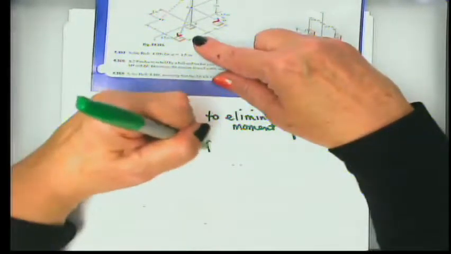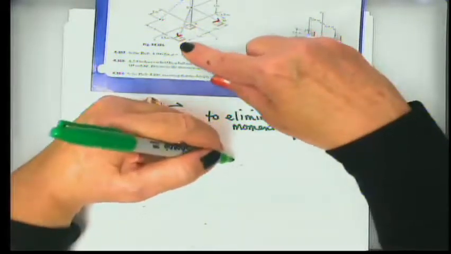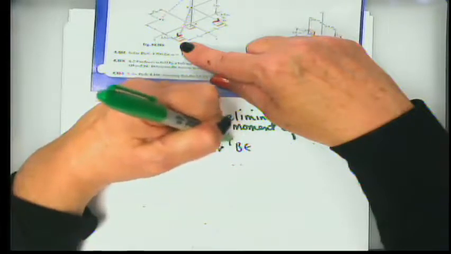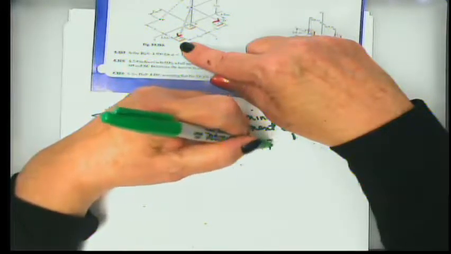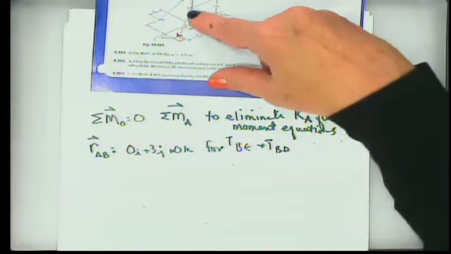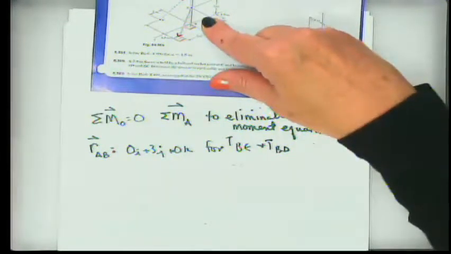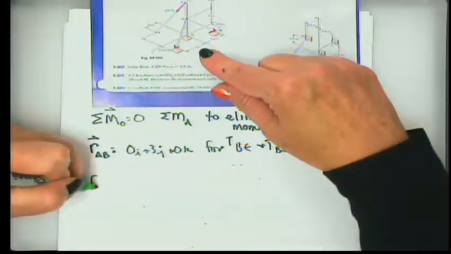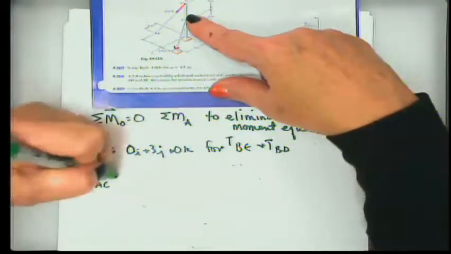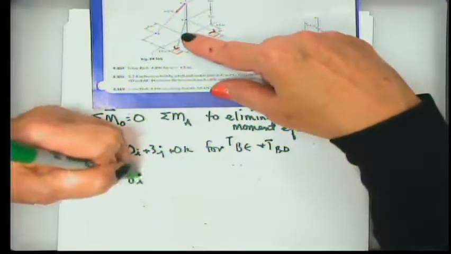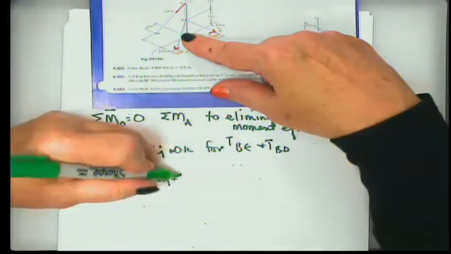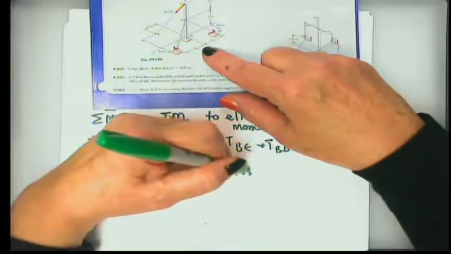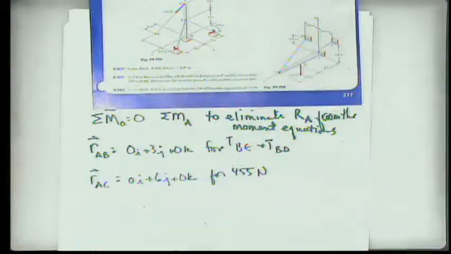That's the moment arm we can use for BE and BD, because B goes through the line of action of both of those forces. And then similarly, R from A to C, which is just 6 meters up, so it's 0i plus 6j plus 0k, I can use for the 455 Newton force.